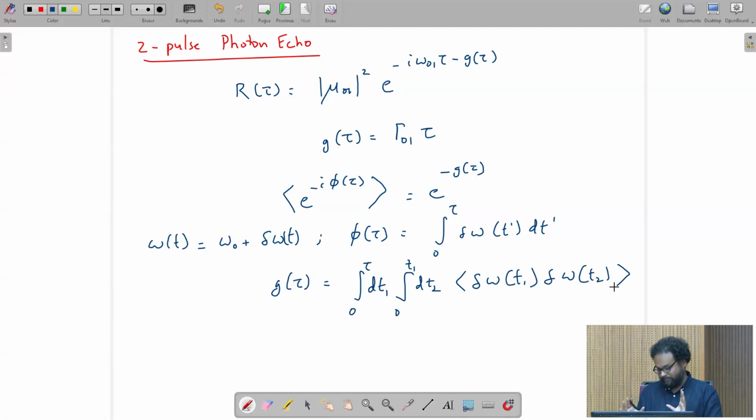How exactly this comes up, we'll hopefully see later. But for now, take this for granted. You can intuitively see why. It's correlating these fluctuations at different times, right? Over a long period of time till my tau, whichever my point of observation.